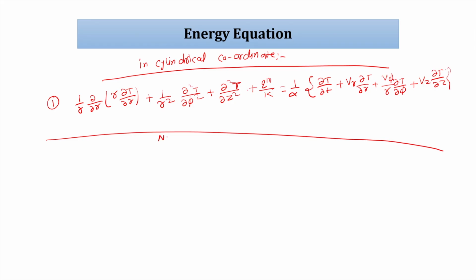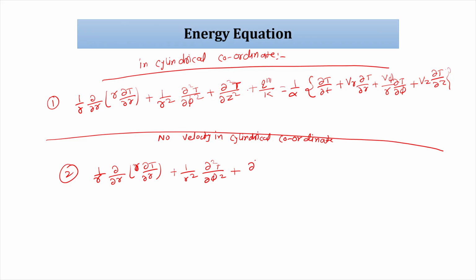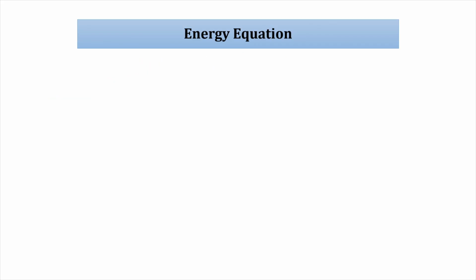If no velocity in cylindrical coordinate, then 1 by r del by del r of r del T by del r plus 1 by r square del square T by del phi square plus del square T by del z square plus q triple dash divided by k equal to 1 by alpha del T by del t. Simple form. Okay.